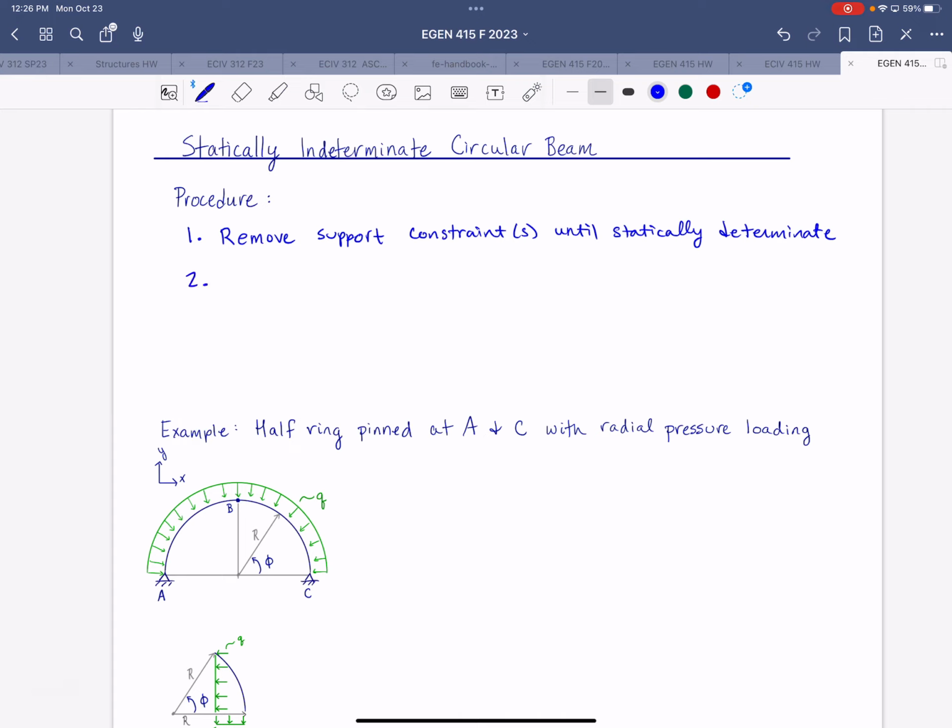Second, place forces at those released constraints and impose displacement conditions to determine those unknown forces.